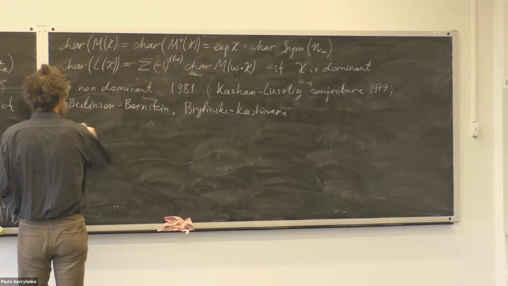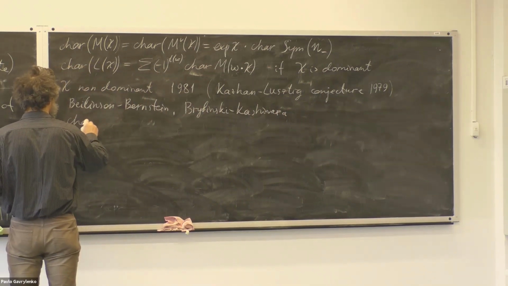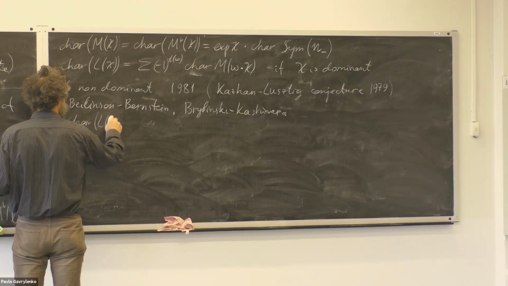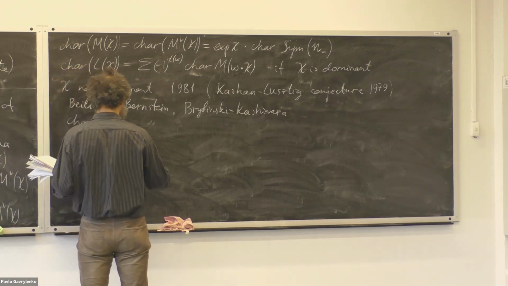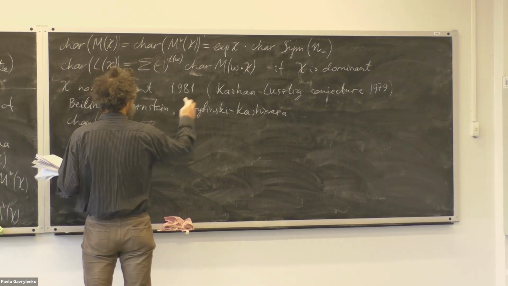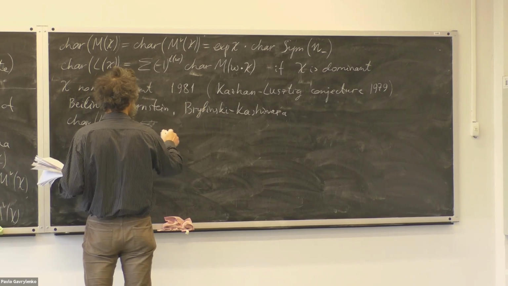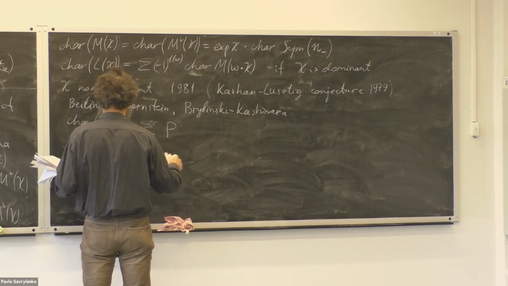Okay, so again, the character of L of chi equals a certain linear combination of characters of Verma modules. Whatever.